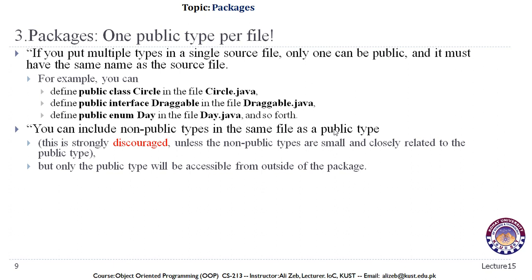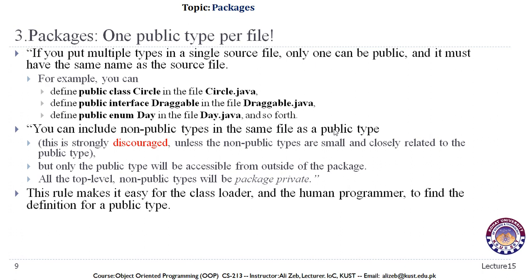You can only access the public class from outside of the package. All the top-level non-public types will be package private, which means that we cannot access those non-public types from outside of the package. This rule makes it easy for the class loader and the human programmer to find the definition for a public type.